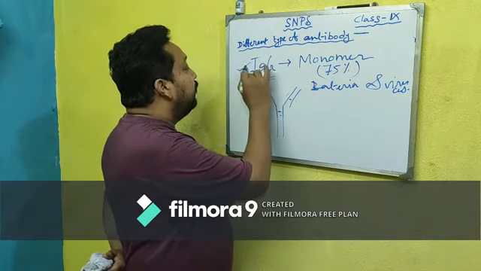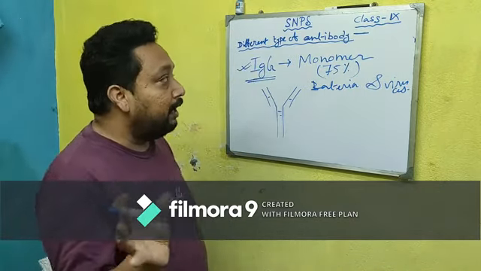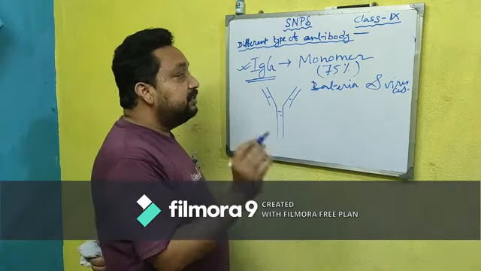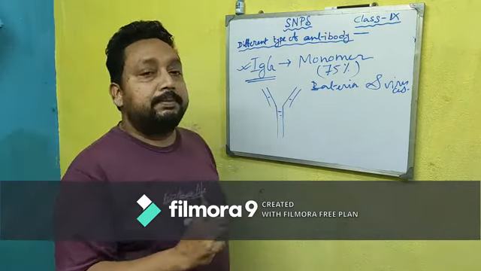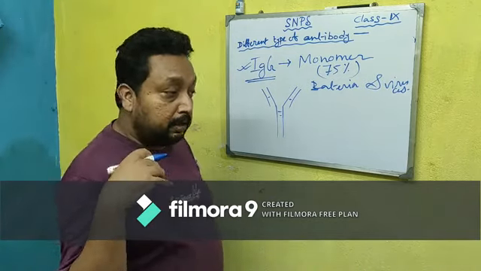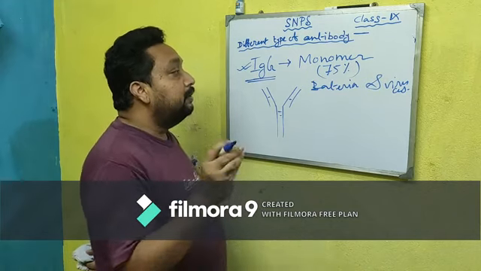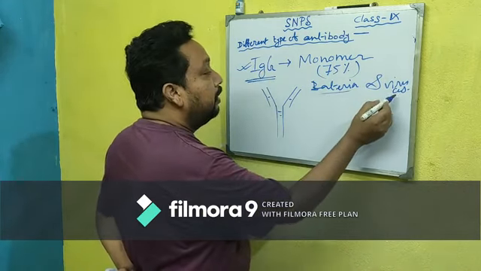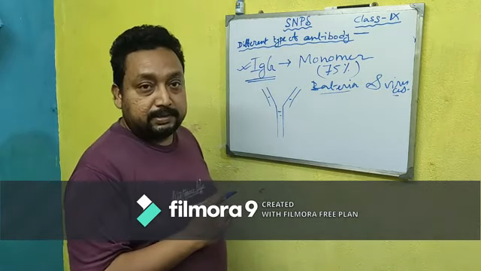All antibodies are important, but immunoglobulin G, IgG, is maximally present in our bloodstream, blood serum and blood plasma also, and it helps to kill the bacteria and viruses.